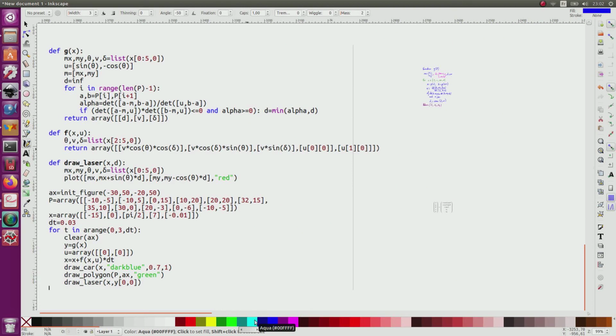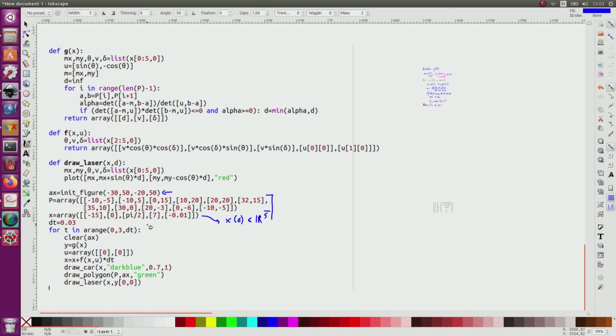So I will illustrate now by a simulation the evolution of the car and also the observation function that had just been proposed in the previous question. So the main program starts here, where I draw the figure, I define the polygon here, I take some initial condition x of 0 here, where x is of dimension 5.